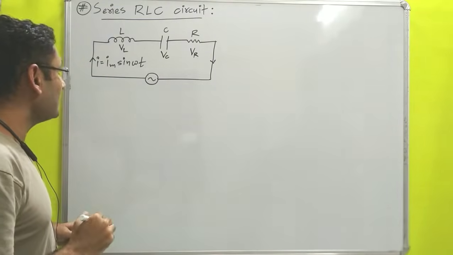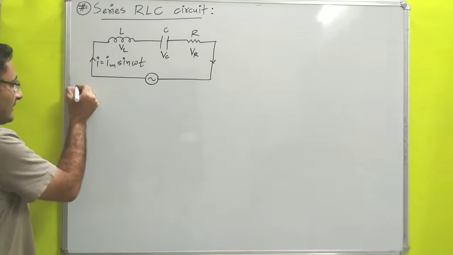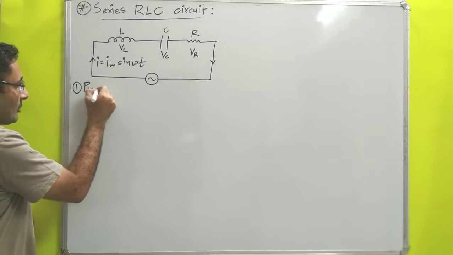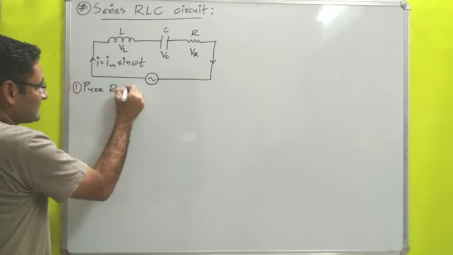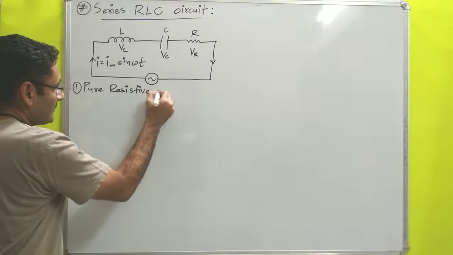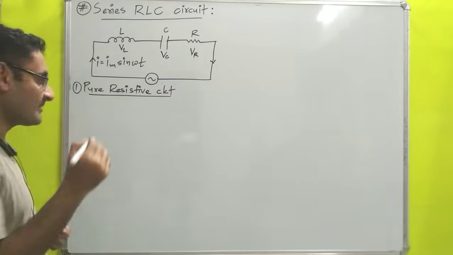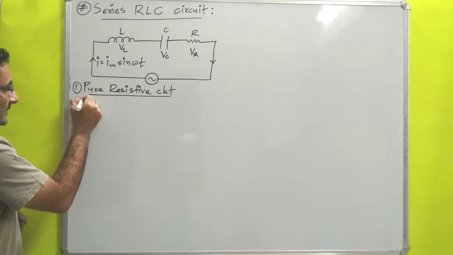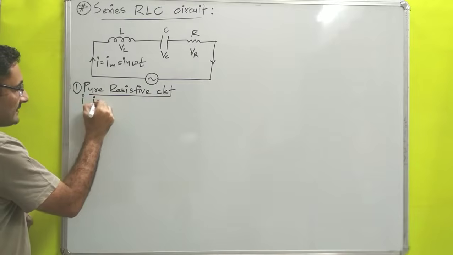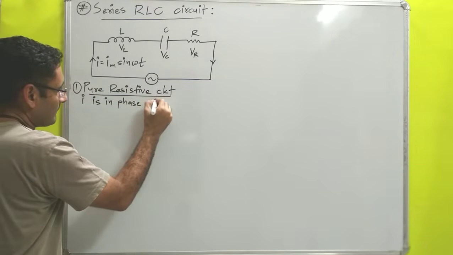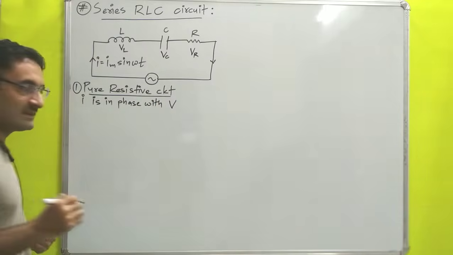Okay. Now we know very well, point 1 I am going to write. For the case of a pure resistive circuit, we know that the current is in phase with the potential, or you can say voltage.